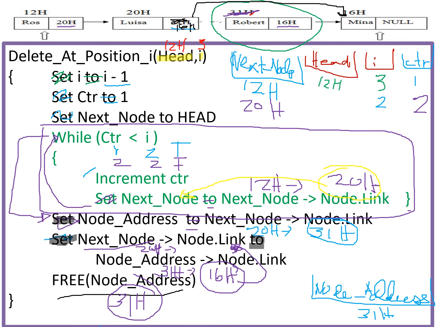So, itong buong to, mawawala siya. Wala na siya. And of course, the link will also be deleted. Okay? So, this is how we delete an element at position I. Okay? So, if you have questions, just send me a message. Okay?